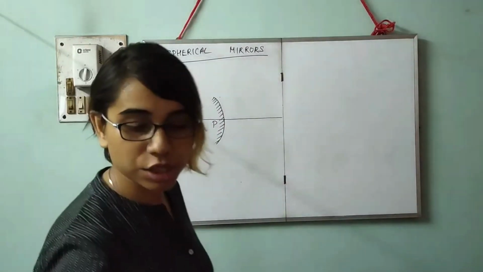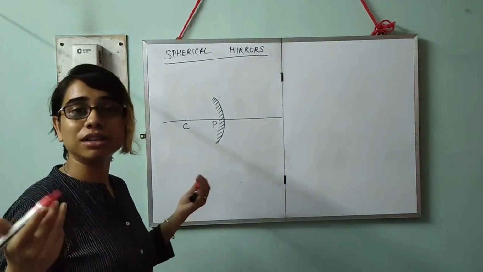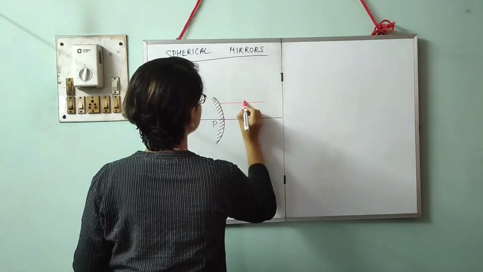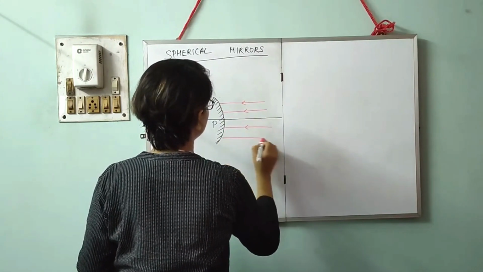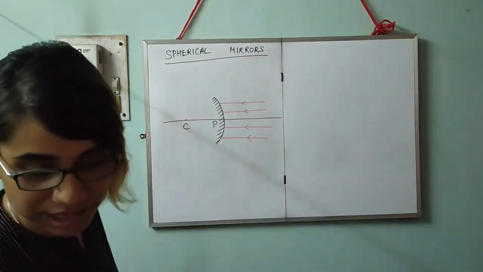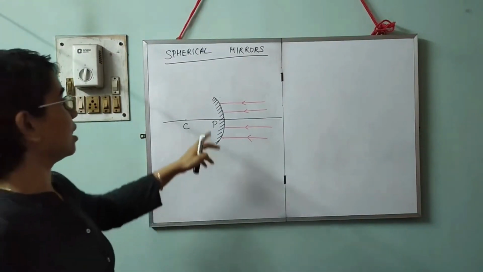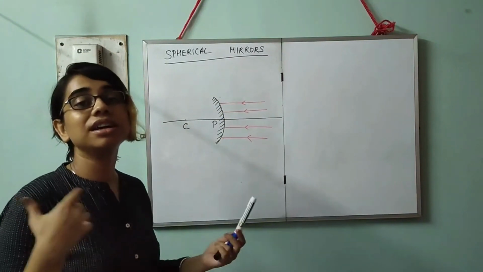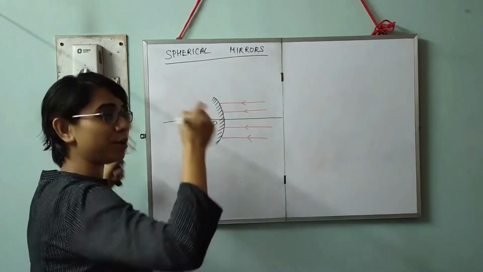Now we will let light fall on the convex mirror. As the curve suggests, a diverging curve, the reflected rays will diverge here and there.